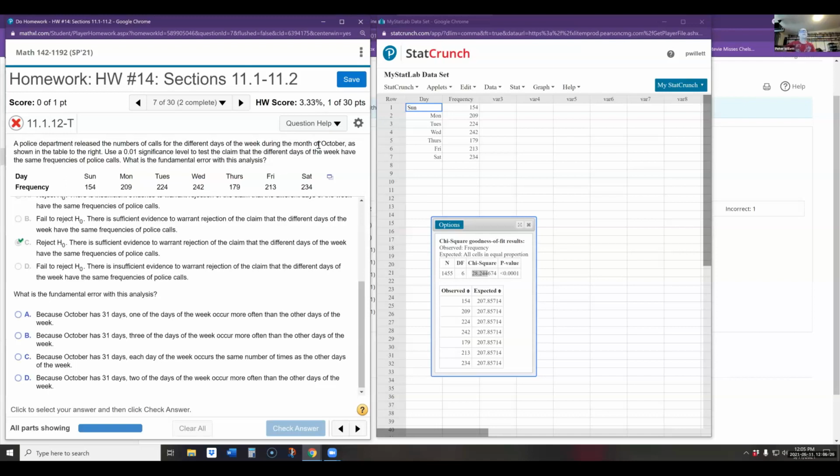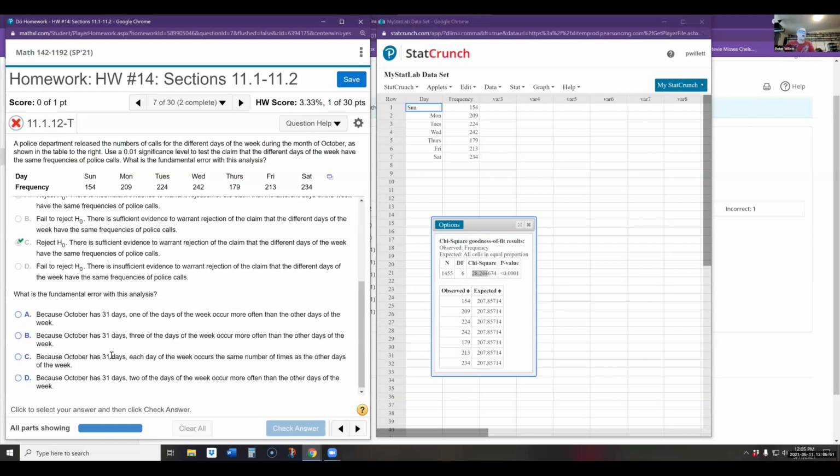So the fact that they did this during the month of October, which has 31 days, well, after the first 4 weeks of October, 28 days in, you had 4 Mondays, Tuesdays, Wednesdays, Thursdays. Each of the days of the week showed up 4 times. But then for the next 3 days, the next 3 days of the week got an extra boost added to their totals because they got counted a 5th time in that month.